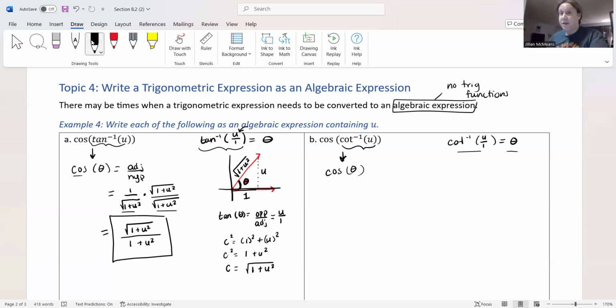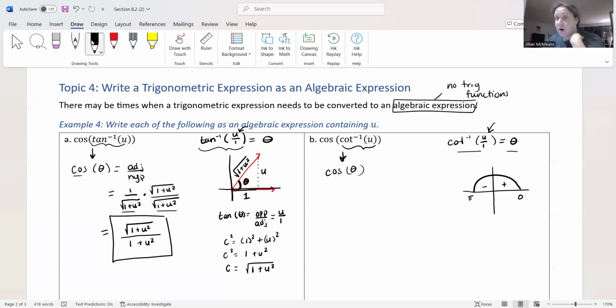For now, let's draw this angle theta. So let's think about inverse cotangent. When you're dealing with inverse cotangent, it has a range restriction of 0 to pi, okay? Now, if we're looking at quadrants 1 and 2 on our unit circle, cotangent has ratios that are positive in quadrant 1, but negative in quadrant 2. And this u we were given was positive.